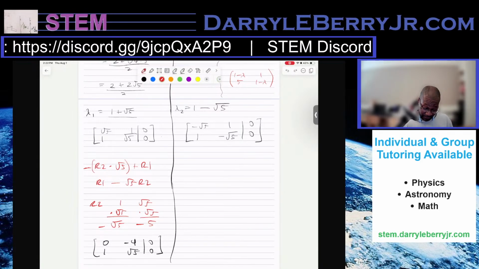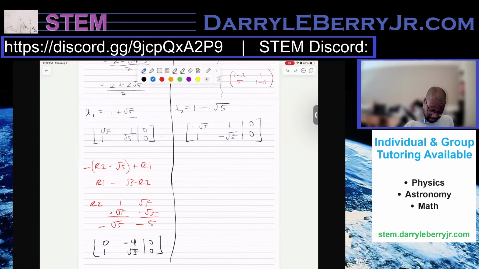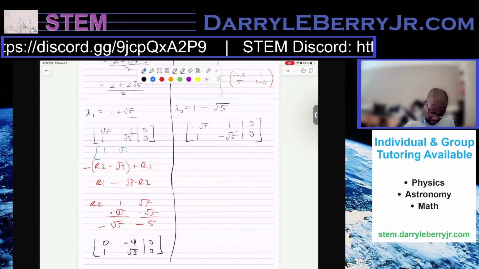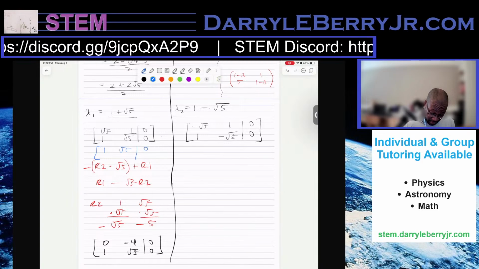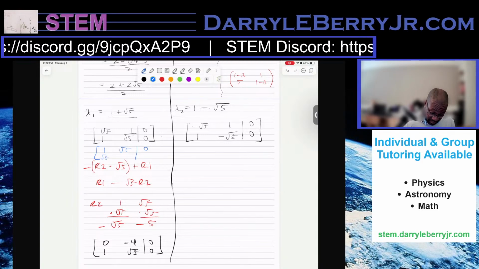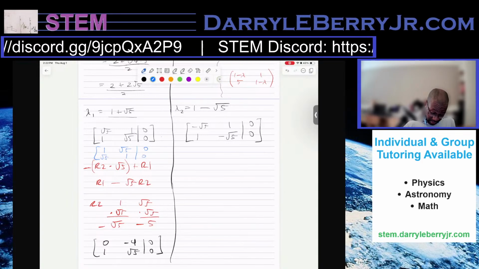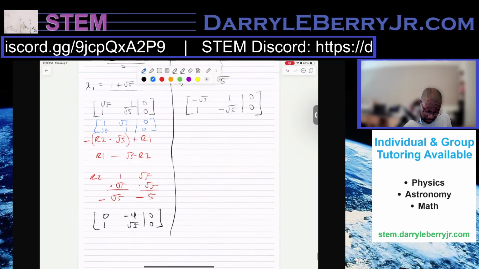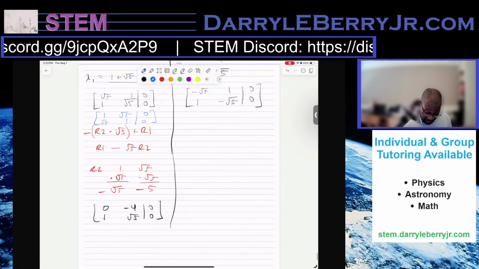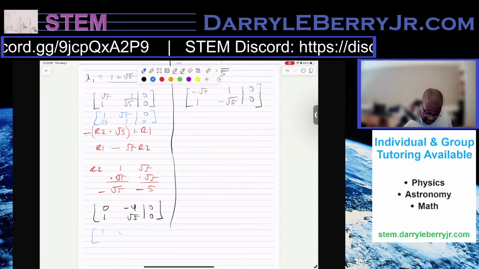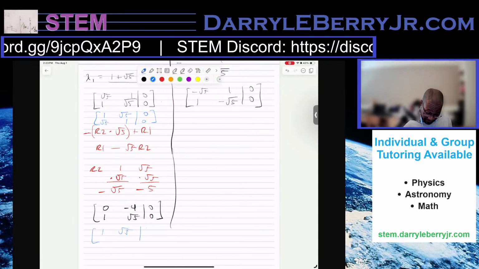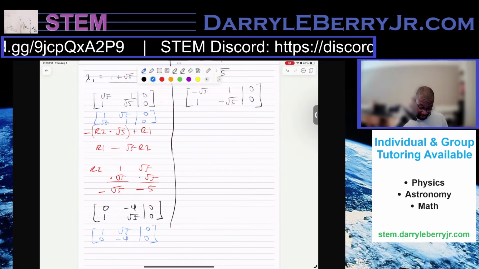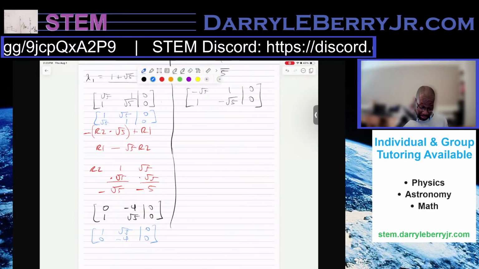So if you can imagine, this is the same exact thing as if I were to swap my matrix and say 1, square root of 5, 0, square root of 5, 1, 0. And then if I subtract row 2 from row 1, it will still give me the same thing, except it'll just have this at the top and this at the bottom. So it's the same process.